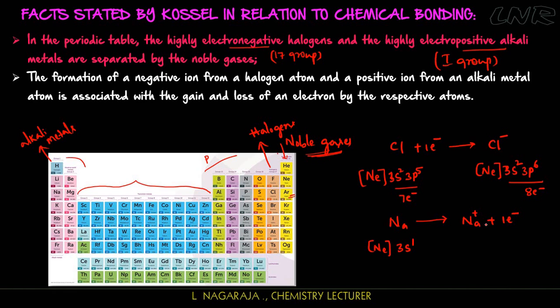By the loss of 1 electron, this Na plus gets the configuration of neon, because the 1 electron present in the 3s orbital is eliminated from the sodium. So it is the nearest noble gas configuration, that of neon, right?